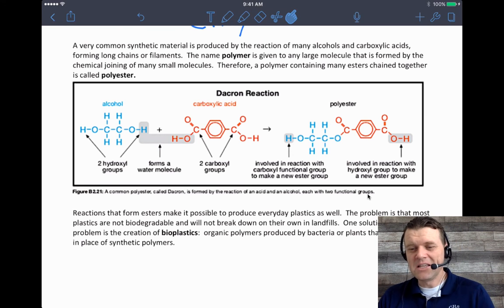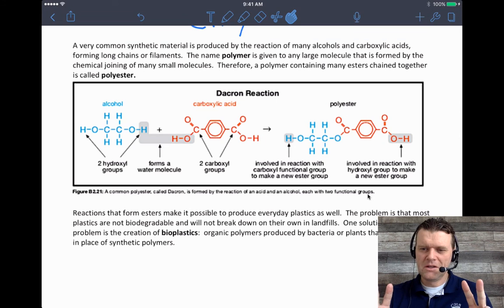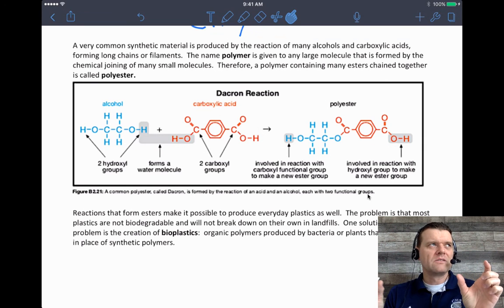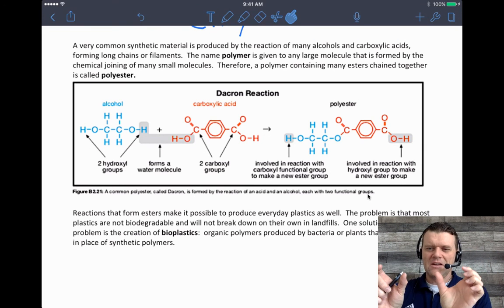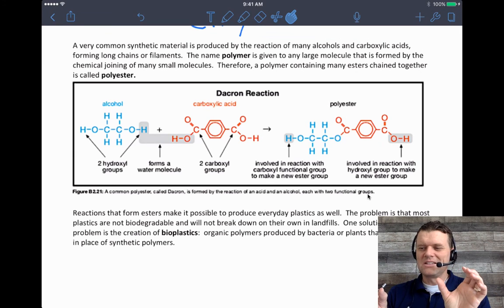So I guess just to end with this, what's really cool is if you make alcohols and acids that have 2 groups, like 2 hydroxyl groups for the alcohol and 2 carbonyl groups on the carboxylic acid, it's like having 2 Lego pieces, and you can connect more Lego pieces on each end. And it's crazy because this is exactly how they make polymers.